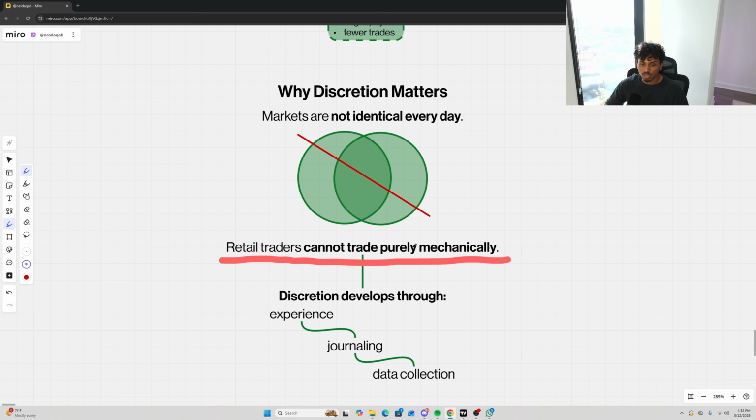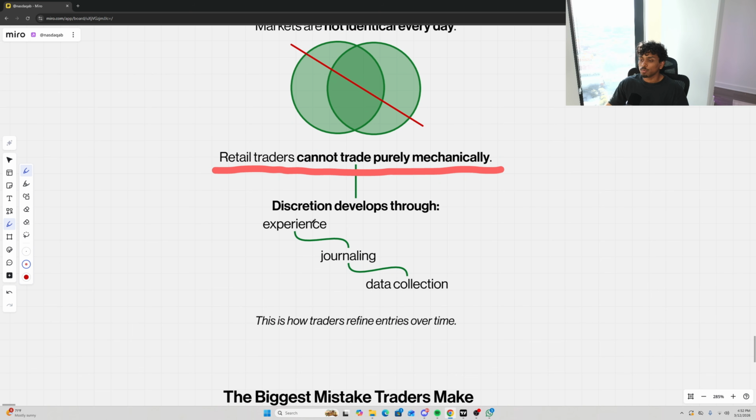Now, what is discretion? Discretion is the ability to understand when to take current setups and when to avoid current setups that are forming in the market. And this overall is your edge. Over time, you are going to be able to develop it through experience, just by showing up to the markets every single day, by journaling efficiently, and by collecting data.